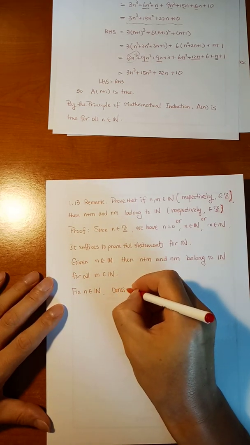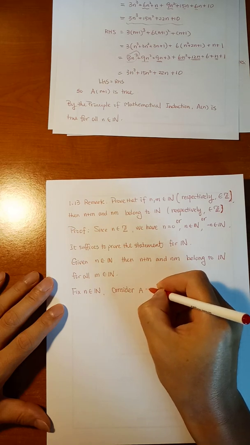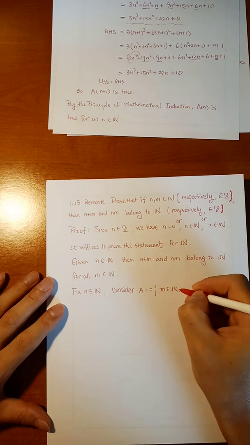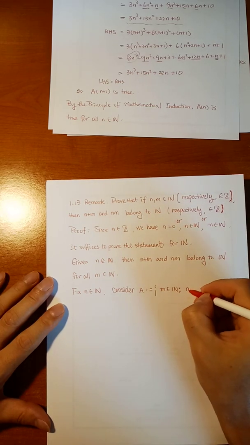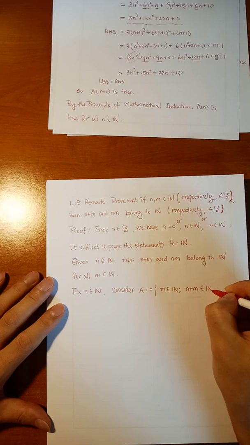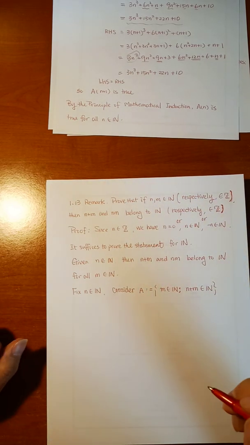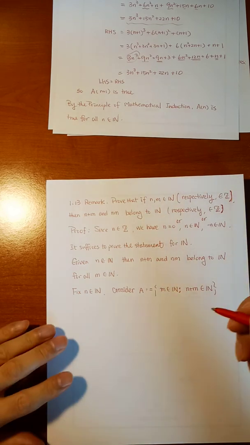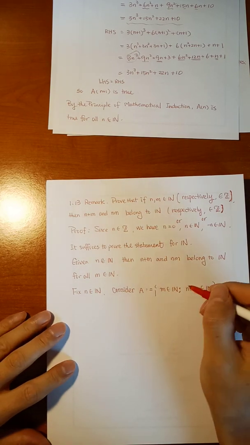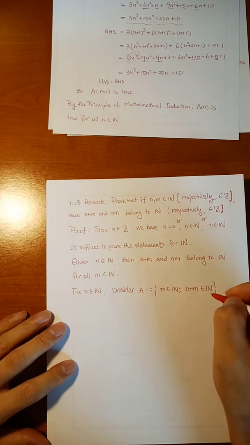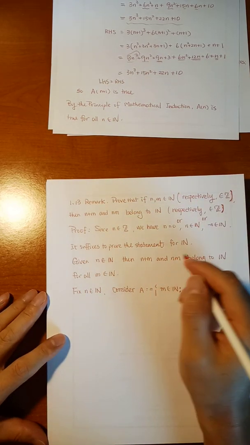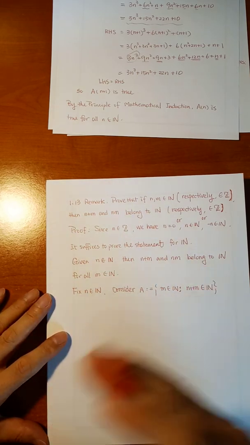Consider a set A defined by the following: m belongs to the natural numbers, and n plus m is still a natural number. We're going to show that this set A is the whole set of natural numbers. n is fixed here, m will change.